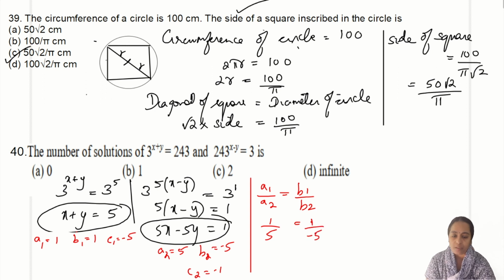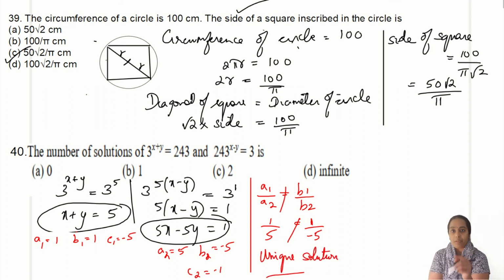No. a1 by a2 is not equal to b1 by b2. So this is the condition for unique solution. Unique solution means one solution. So option B is the correct answer.